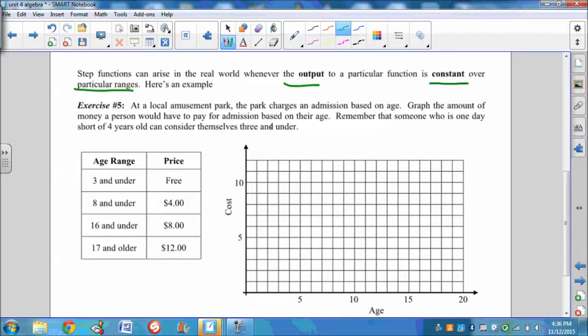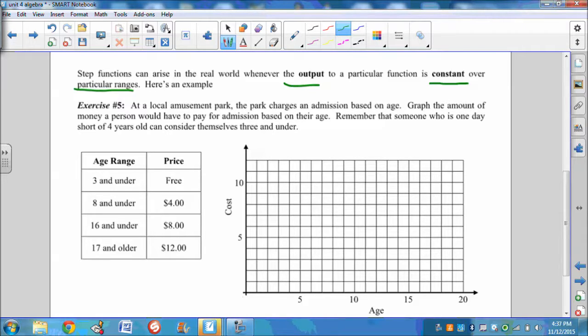Remember that someone who is 1 day short of 4 years can consider themselves 3 and under. Okay, so 3 years and under are free. So it could be the day before your 4th birthday, and you are still going to be free.